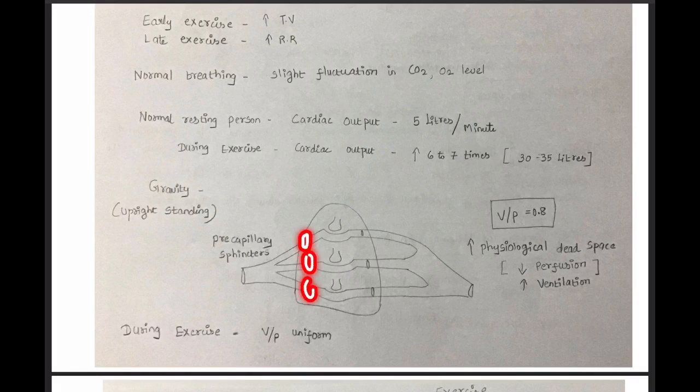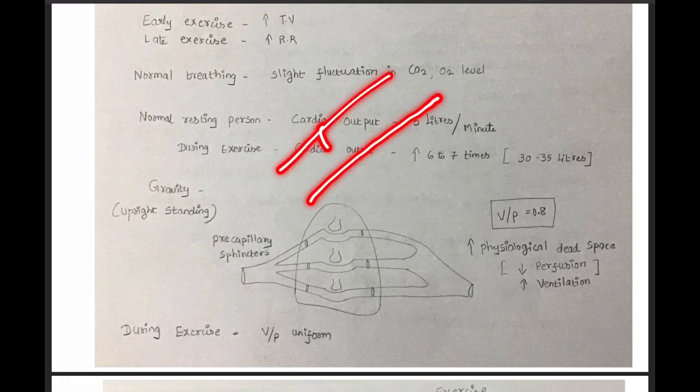What do you mean by these precapillary sphincters? These precapillary sphincters are muscle vasculatures. If this is a capillary, these precapillary sphincters are usually not open very broad, but very narrow, basically slightly closed.